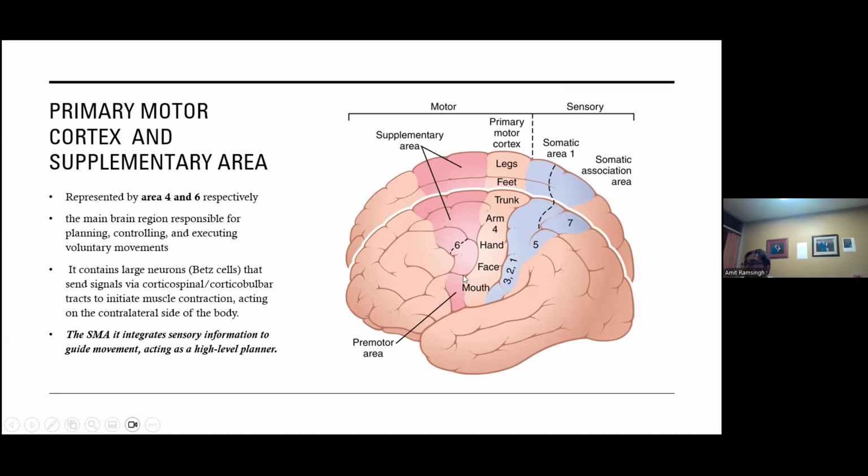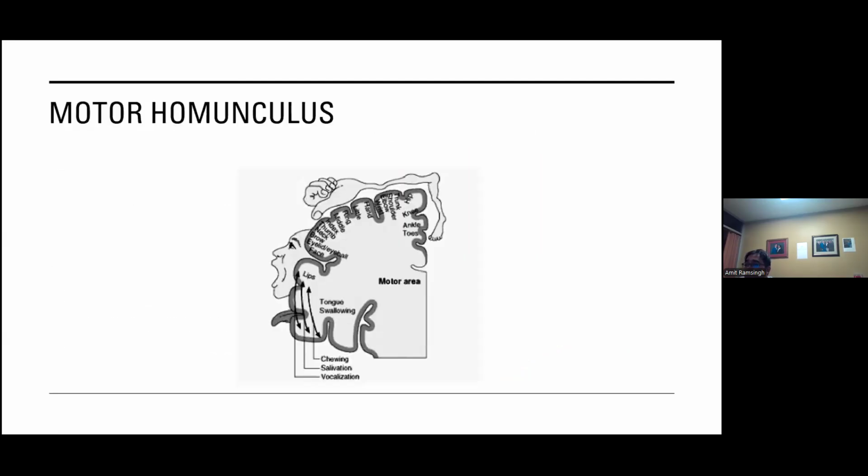So going from more centrally to more laterally along the lateral surface: mouth, face, hand. We have that representation, or the motor homunculus, that represents the high-fidelity areas that require a lot of discrimination and dexterous movements. So a large proportion of these areas are represented here.